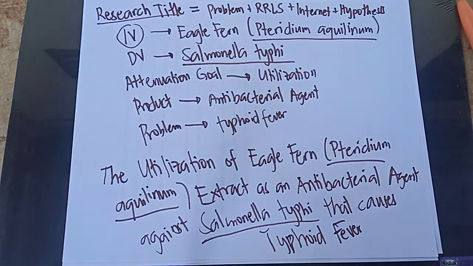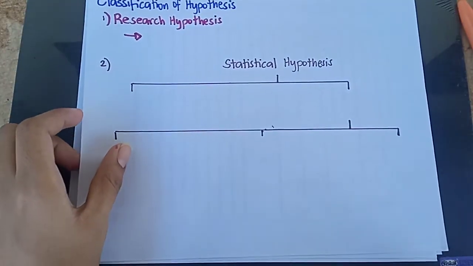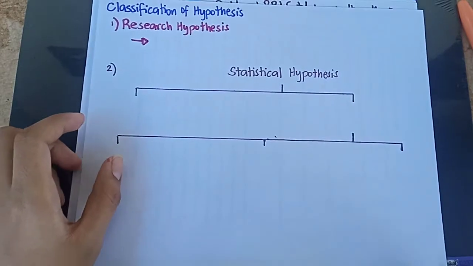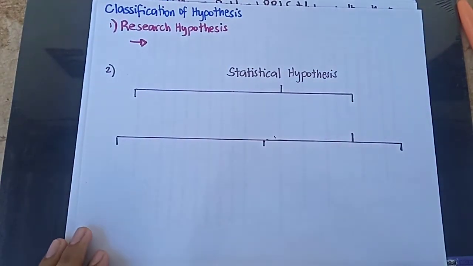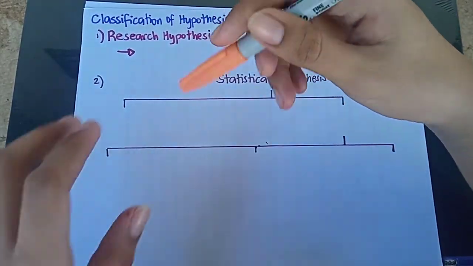Now, in continuation of the discussion of hypothesis, there are actually classifications of hypothesis. We have research hypothesis and statistical hypothesis.